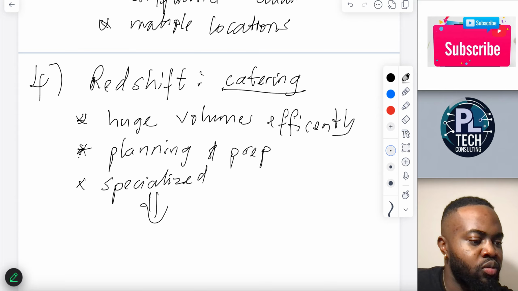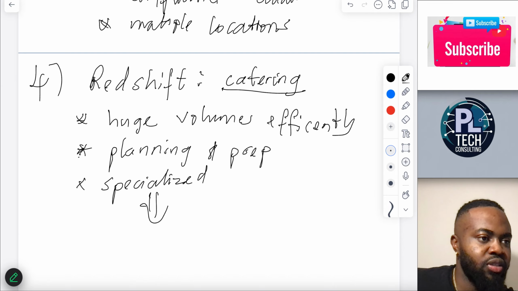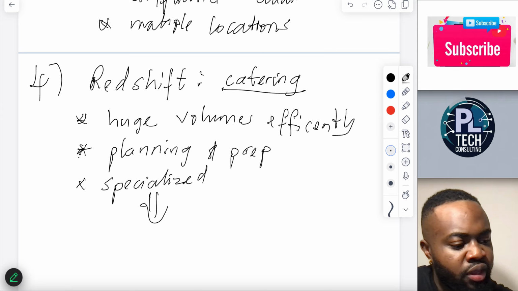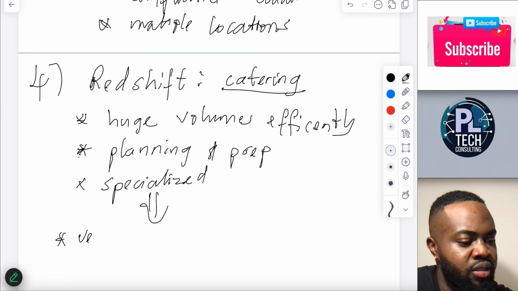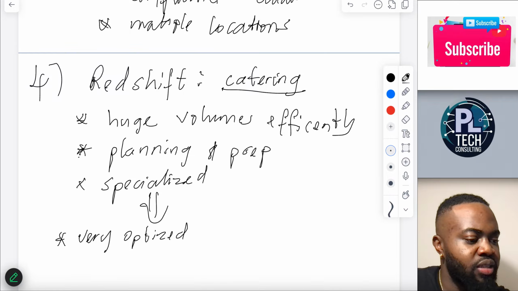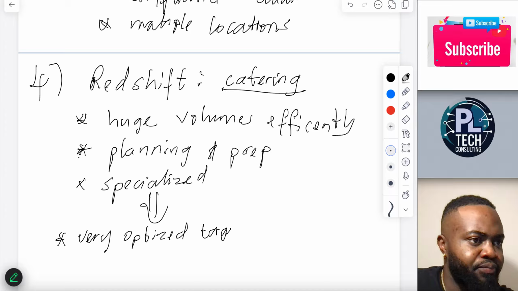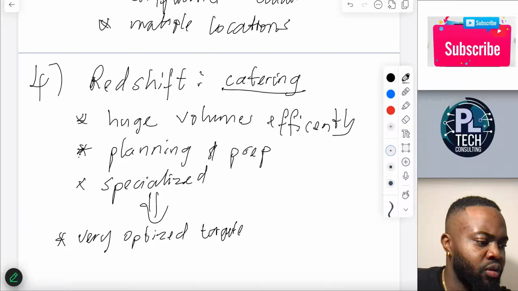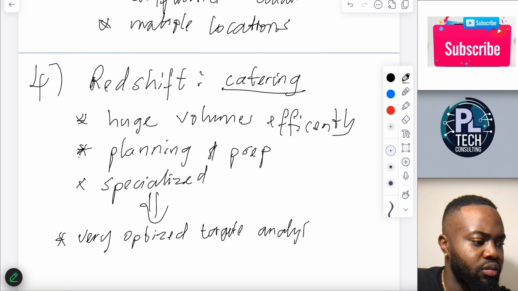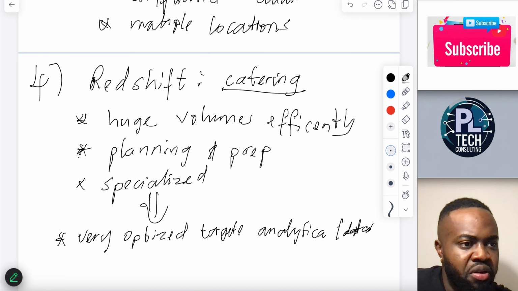And what's the technical equivalent of this? So I'll think of very optimized and targeted queries, right? Large scale queries for analytical data, fast aggregations for columnar storage, processing data in quantums like terabytes, you know.